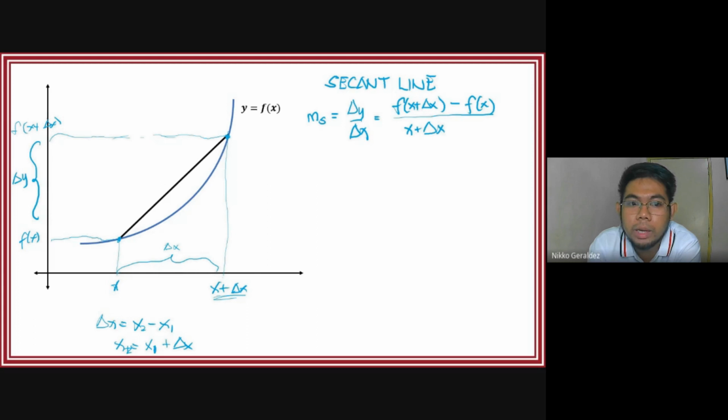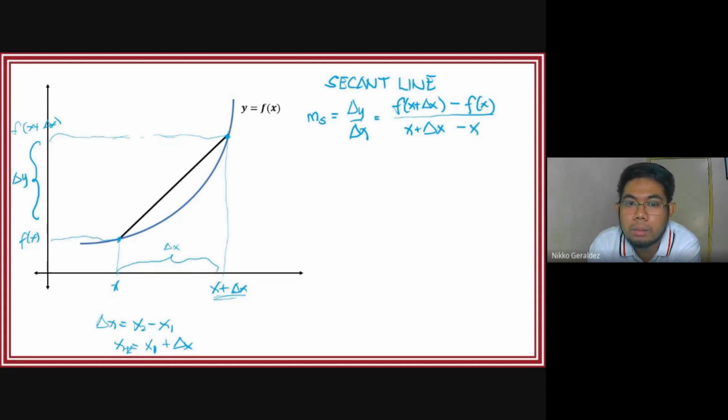That is equal to the change in y, y sub 2 minus y sub 1, so that is f of x plus delta x minus f of x, over delta x, where x sub 2 is x plus delta x minus x sub 1, which is x.